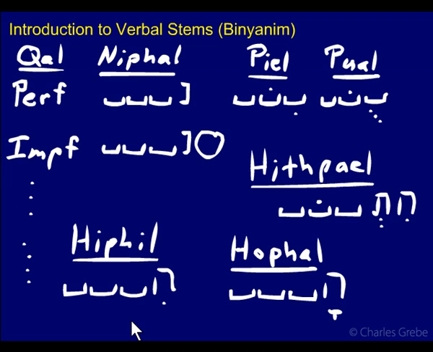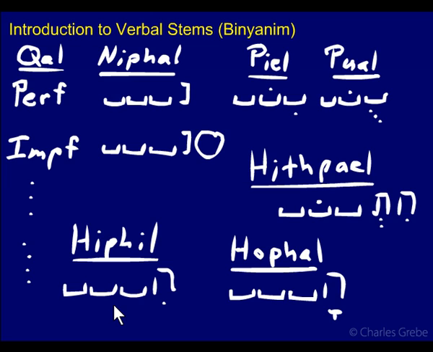The basic meaning of the hifil is causative. So if you have a verb that is in both the qal and the hifil, often the hifil will be the causative of the qal. So if the qal means to rule, then the hifil will mean he caused to rule, or he enthroned someone. He caused him to be the ruler.